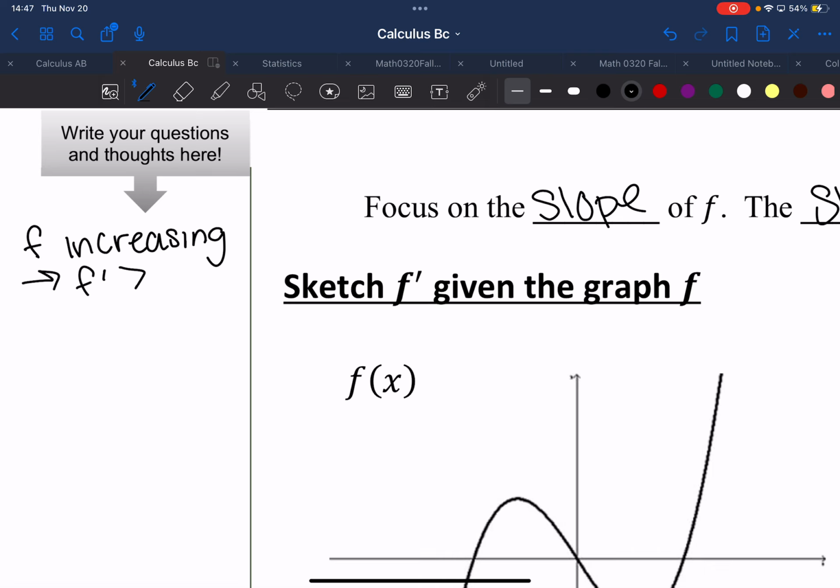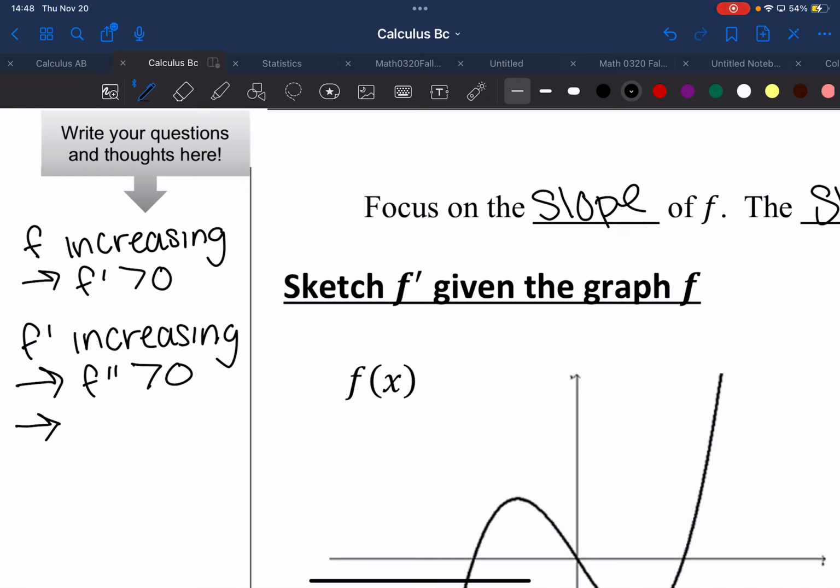Greater than 0, positive. If f prime is increasing, we know that the second derivative is positive. And if the second derivative is positive, what is the concavity of f? Up. Concave up.